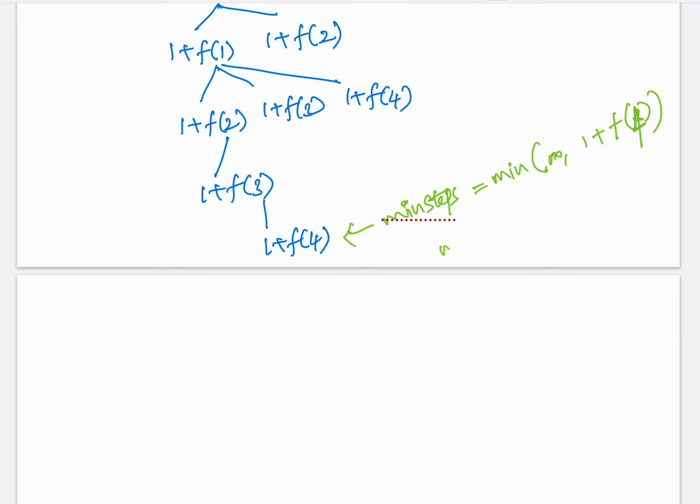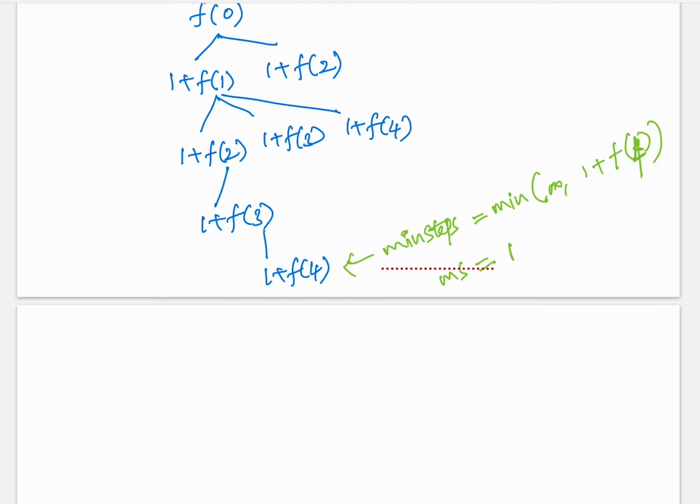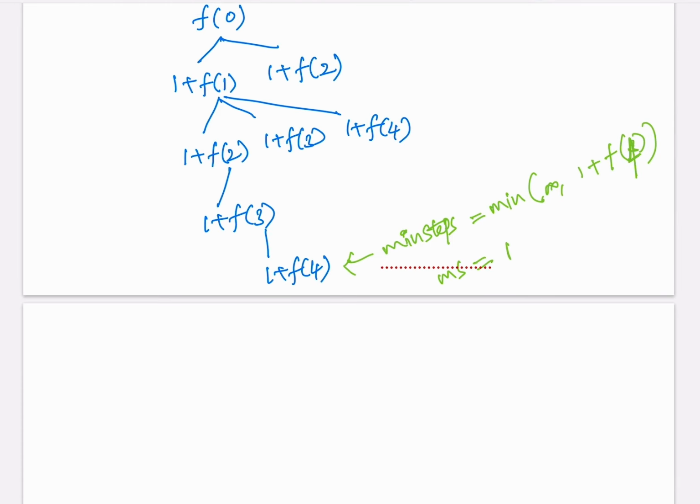Minimum steps will be updated as 1. This returns value 1 to this. Now, minimum steps is 1. The 1 plus f of 3 is 4. We generated this, minimum step is 1.